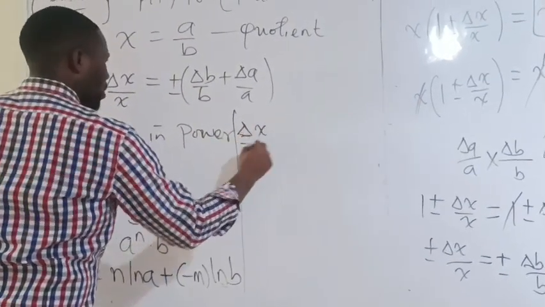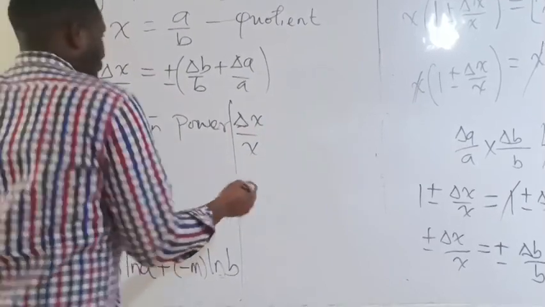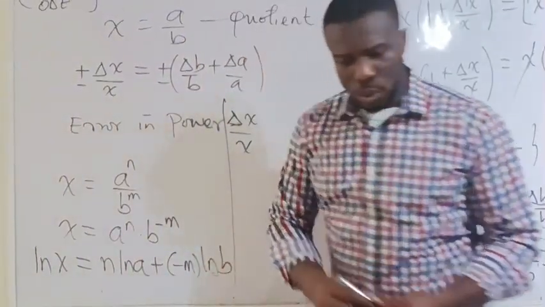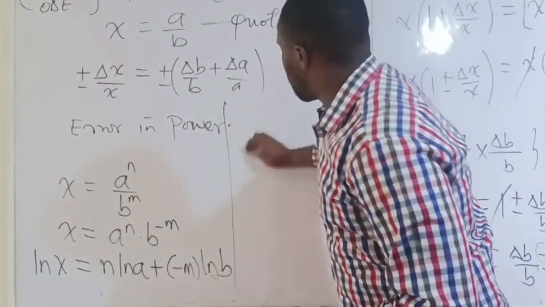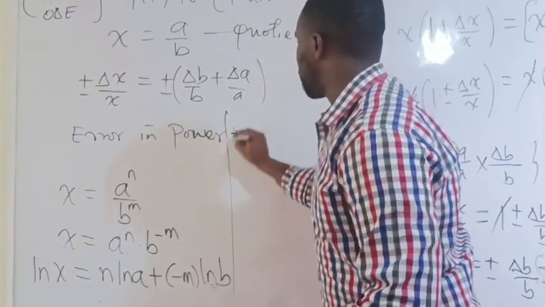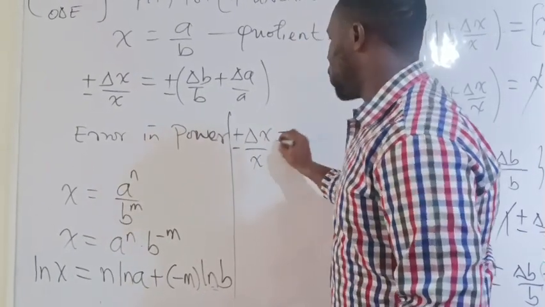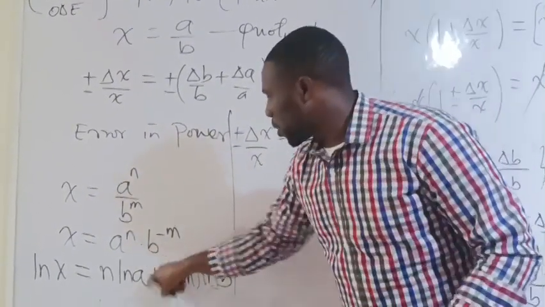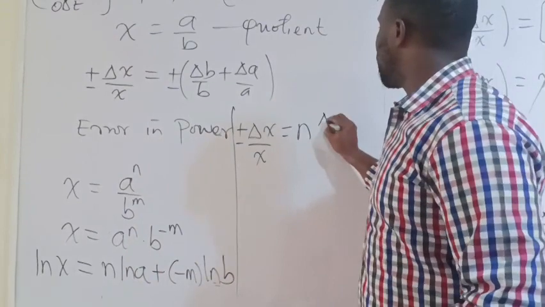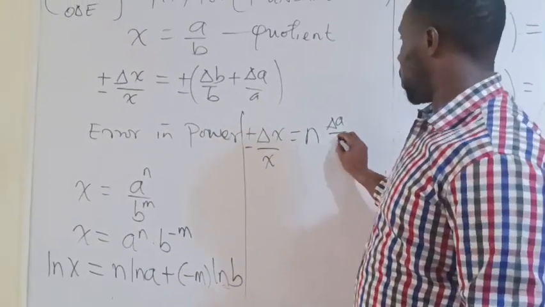error in quantity x. Then I could stick in a plus or a minus for the fractional error in quantity x, and this will be equal to n times the fractional error in quantity a.